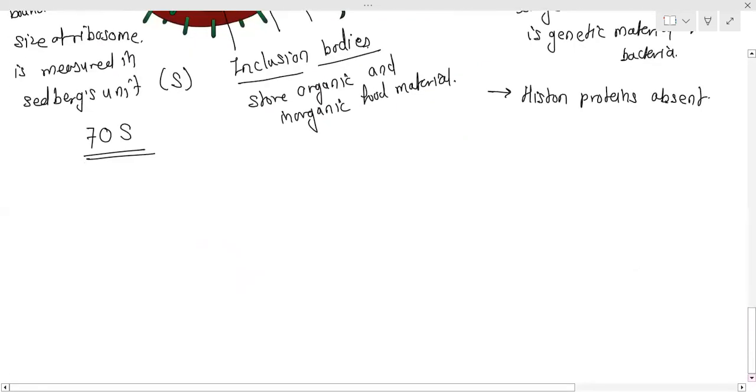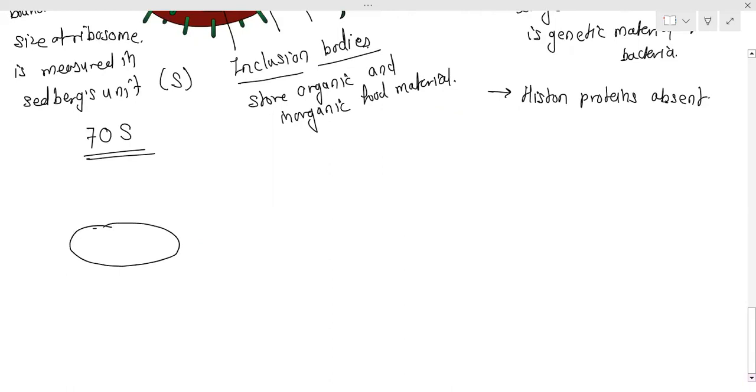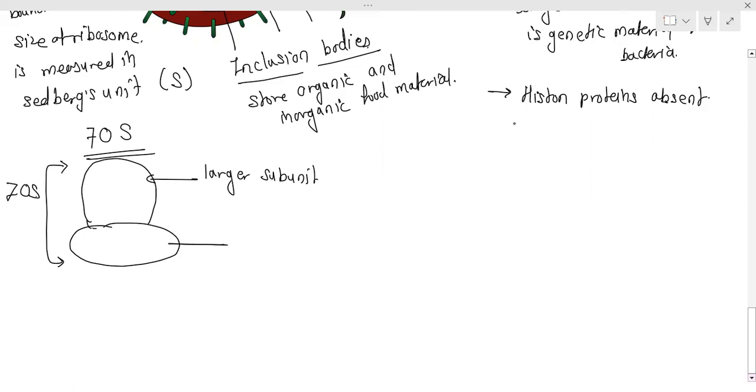Every ribosome is made up of two sections, one like this and one like this. The whole size is 70S, 70 Svedberg's unit. This is called the larger subunit, and this one is the smaller subunit.